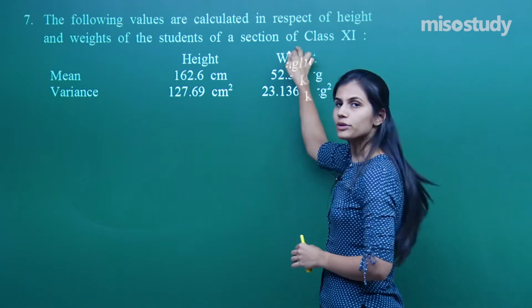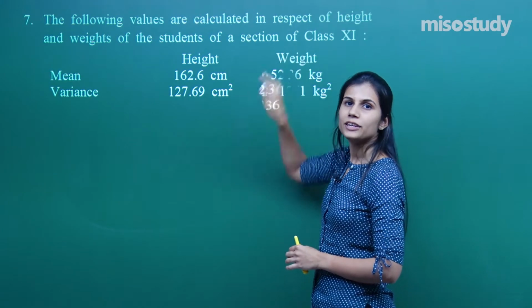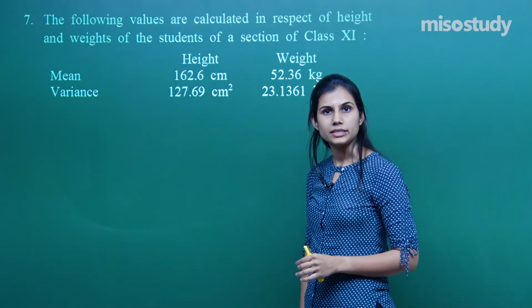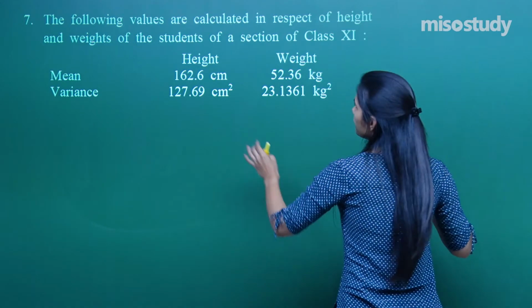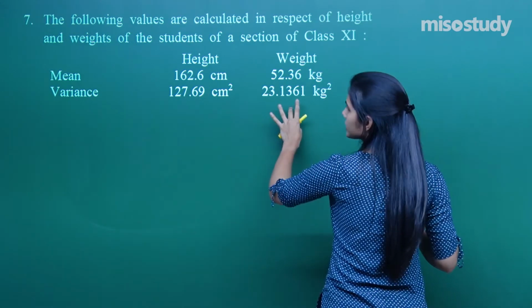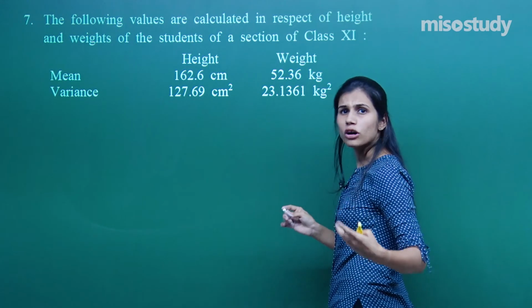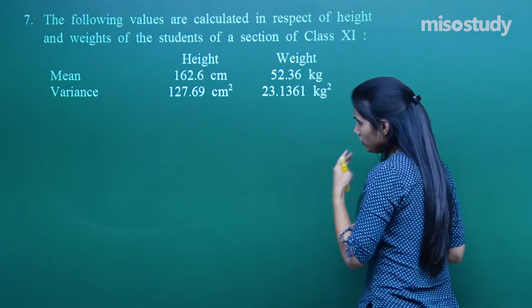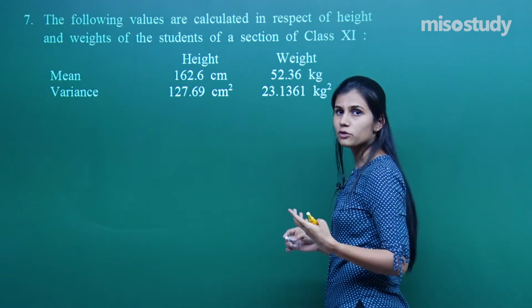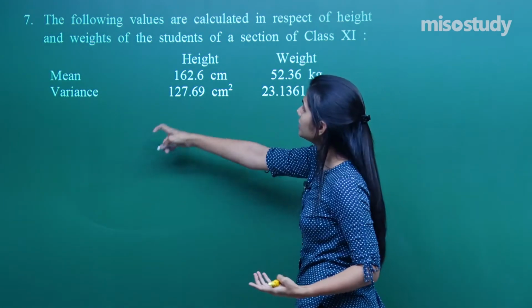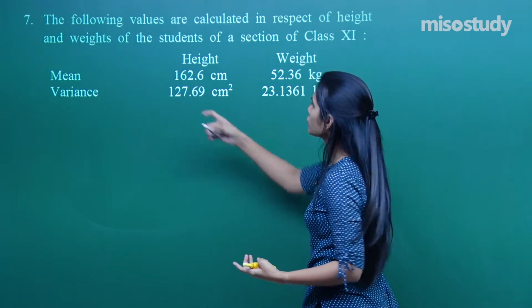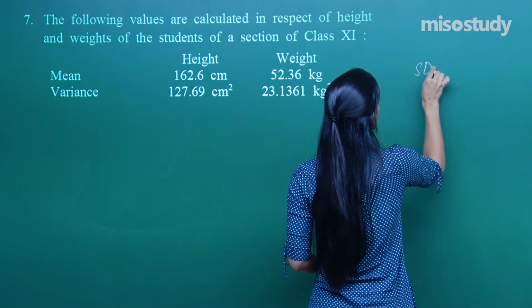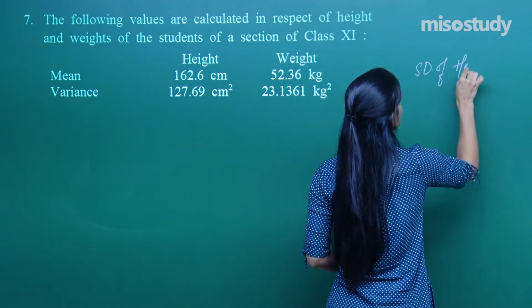Corresponding to weight, we need to calculate the coefficient of variation and then talk about the variability. Is it clear? So, here if I have the mean as well as the variance given, how can I talk about the coefficient of variation? In order to compute the coefficient of variation, we need a standard deviation. Variance of height is given to me, so I will be getting standard deviation of height.